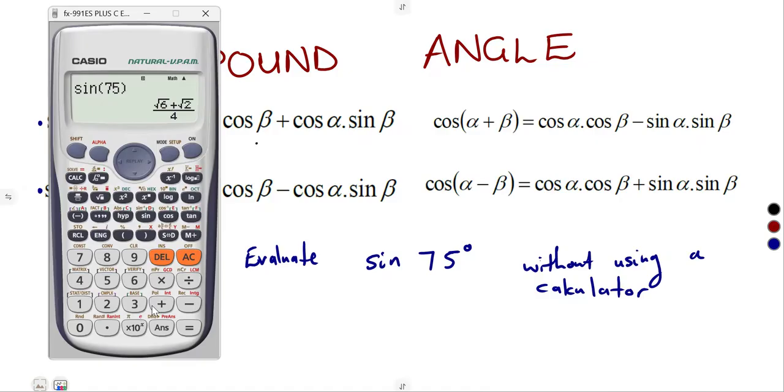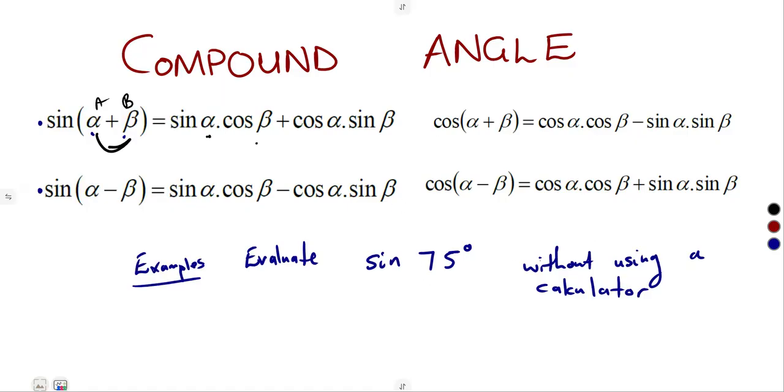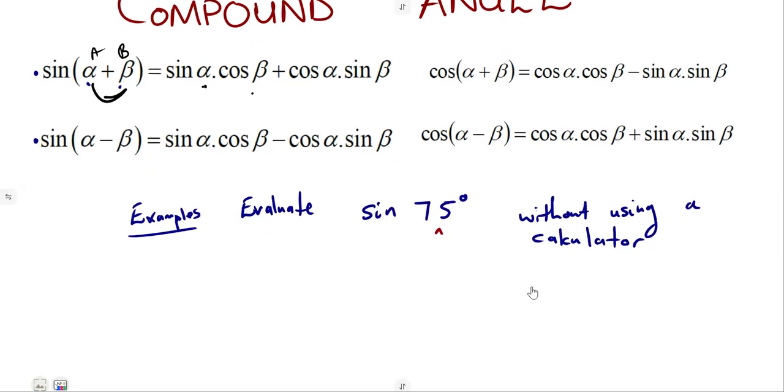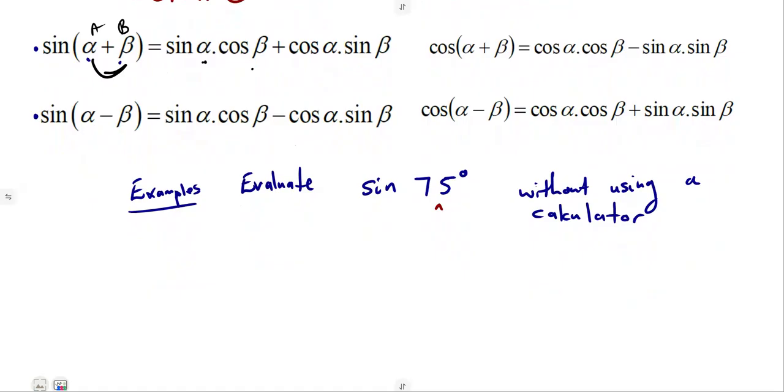All right. Remember your special angles. Whenever you get this type of question and they are numerical values, 75 degrees is a numerical value, in that case, go back to your special angles. Look for two angles that can be combined to give us 75.